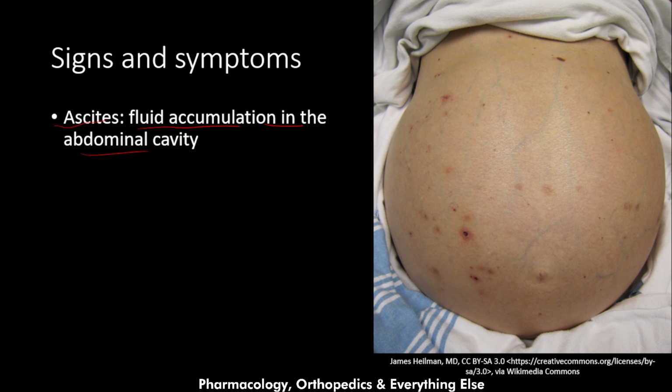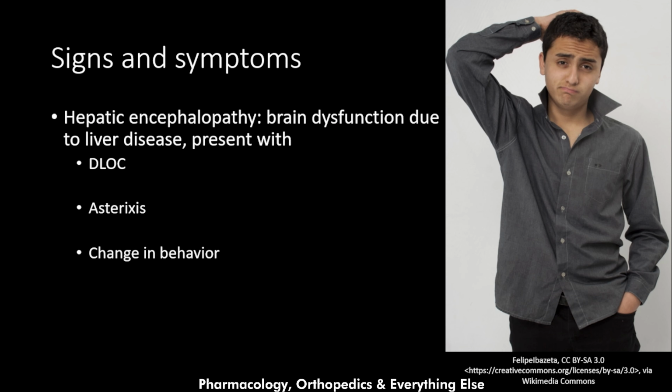And once the albumin can't be synthesized anymore by the liver, the fluid in the blood would leak into the abdomen, leading to ascites. Alcoholic hepatitis might also lead to hepatic encephalopathy.